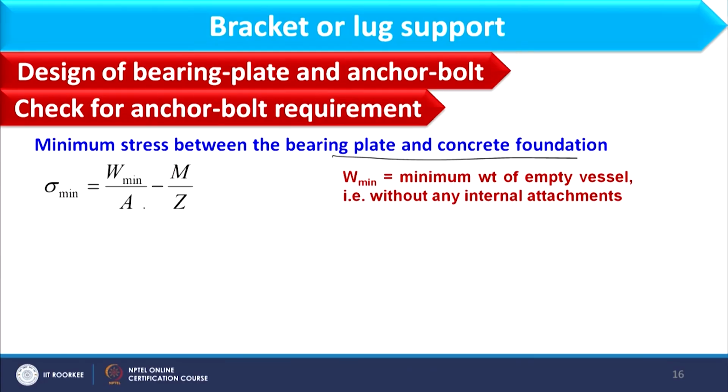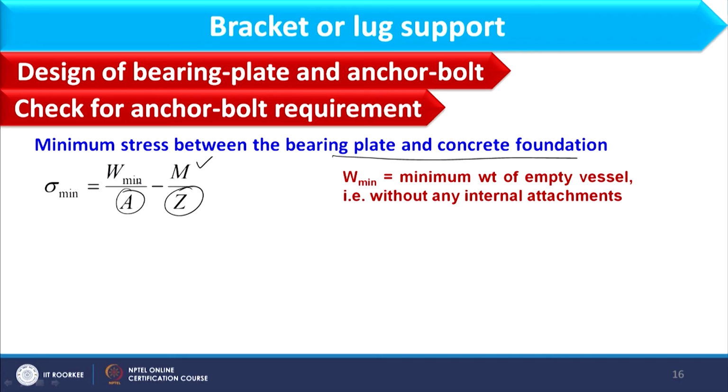Now, W minimum is what? Minimum weight of the vessel. Now, how I can calculate minimum weight of the vessel is weight of the shell and head, that at least this much weight will be there. So, that weight of shell plus weight of head we can consider as W minimum, that is divided by A and minus M divided by Z. This A and Z we can also see in the expression of sigma C. First, the denominator of first term will be A and denominator of second term would be Z. M we have already seen how to find this.